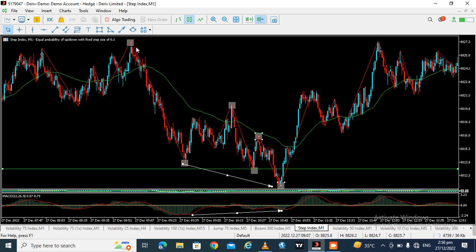You look left again and you see this is the swing high. This and this are the swing highs. So you connect the two points with your rectangle line, just as you can see on the screen.